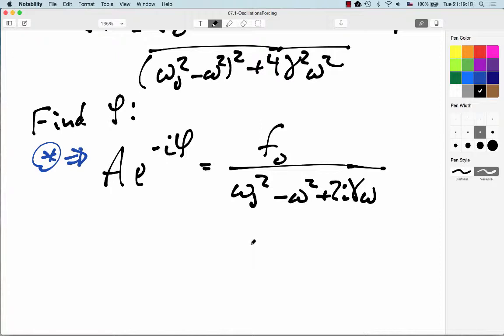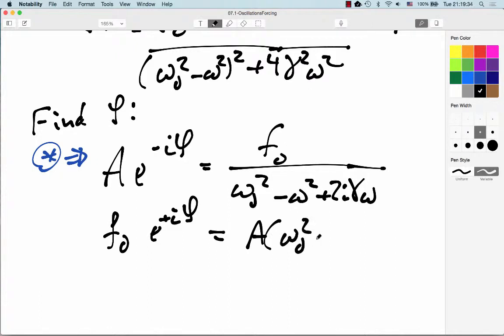All right, so I can rearrange a little bit, and I can say that my f naught e to the plus i phi, because if I divide by e to the minus i phi, that just becomes e to the plus i phi on top, and just cross multiplying here, will be equal to A times omega naught squared minus omega squared plus 2i gamma omega.